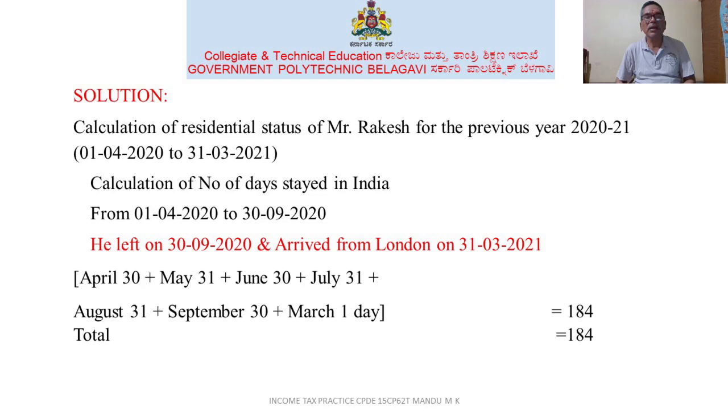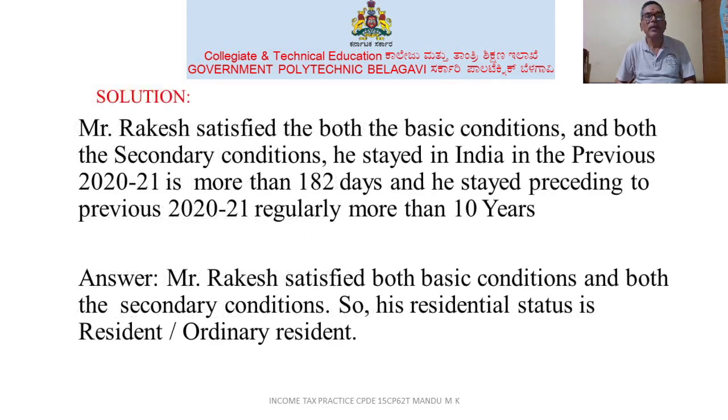30, May 31, June 30, July 31, August 31, September 30, March 1. We have to consider 1 day because he arrived on 31st March, the date is given. His total stay in India is 184 days.